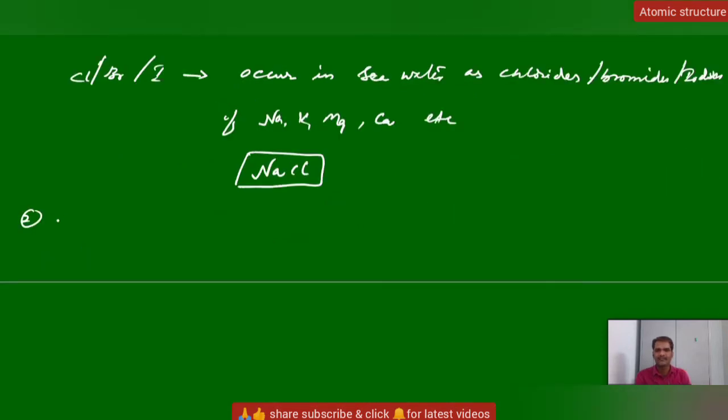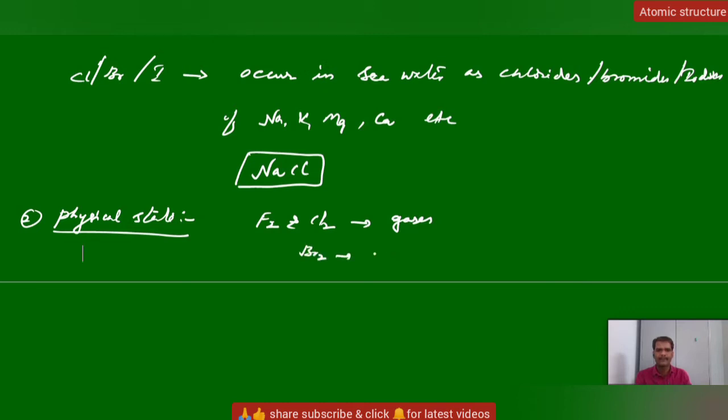Physical state of halogens. Fluorine and chlorine both occur as gases, bromine is a liquid, whereas iodine is a solid.